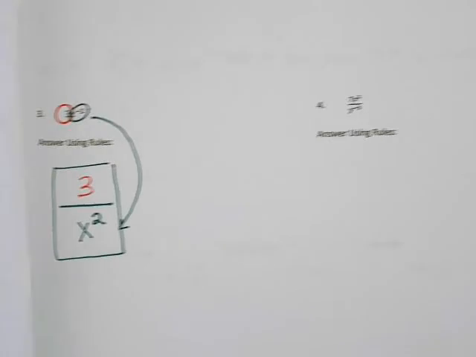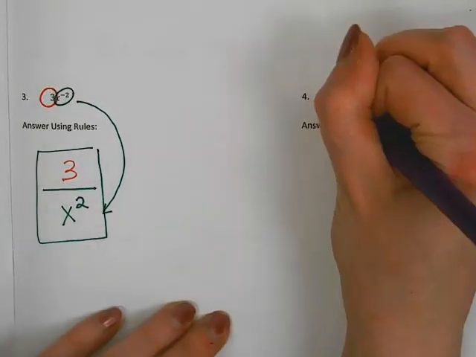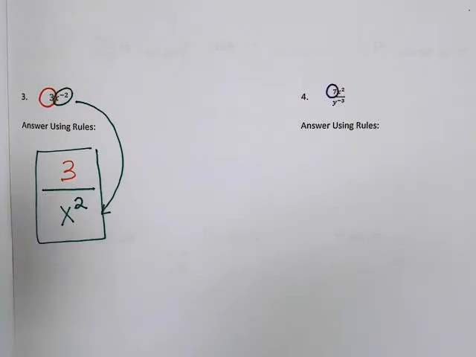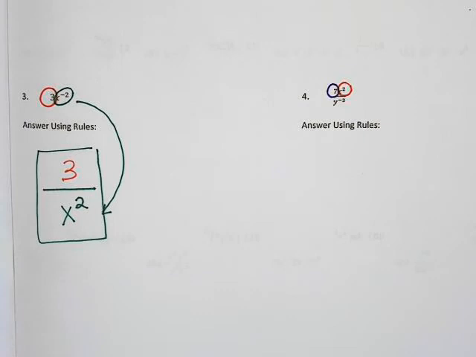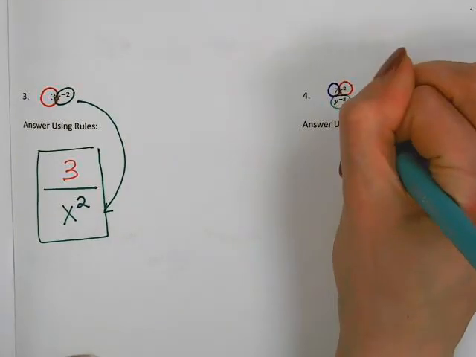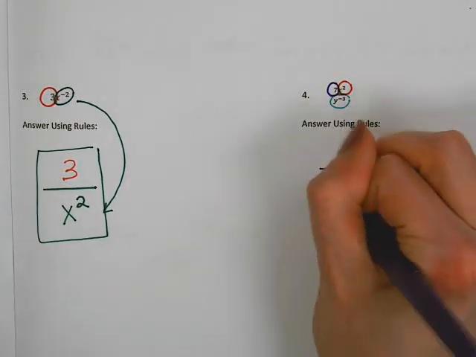All right, now number 4. Let's see. Let's circle all of our parts. The 7 is totally alone. The x squared is alone. And the y negative 3 is alone. Okay, so we have 3 distinct parts here. The 7 is all good, right?